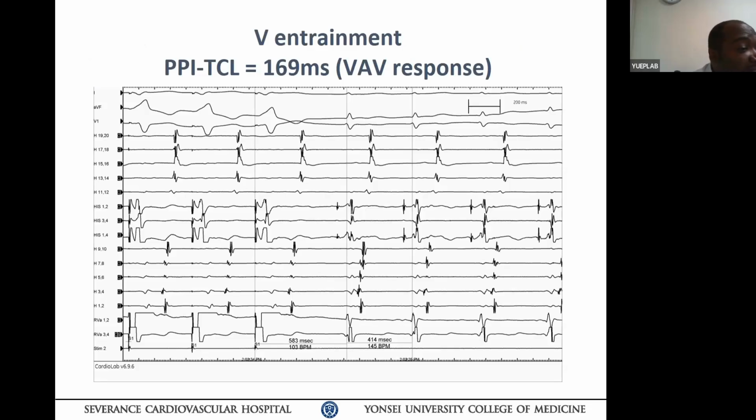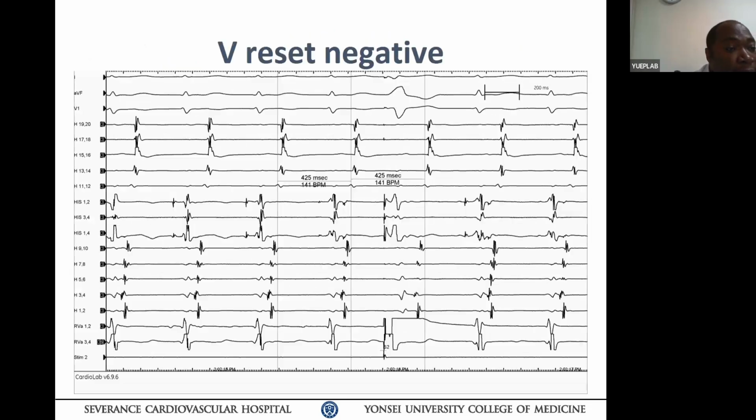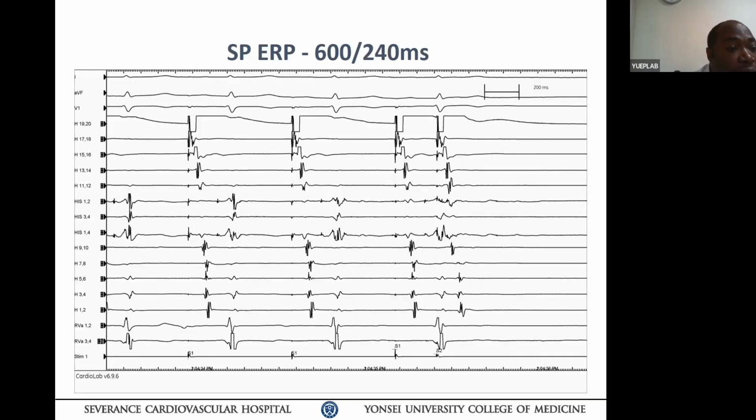So following the change in tachycardia sequence, re-entrainment revealed a PPI minus TCL of 169 milliseconds with a VAV response, and V reset was negative with a His refractory VPC. And after tachycardia termination, slow pathway ERP was identified at 600, 40.